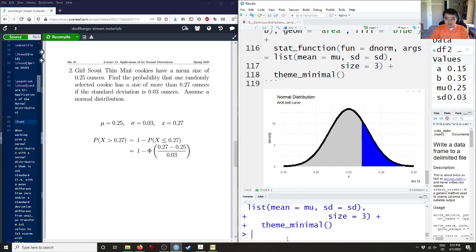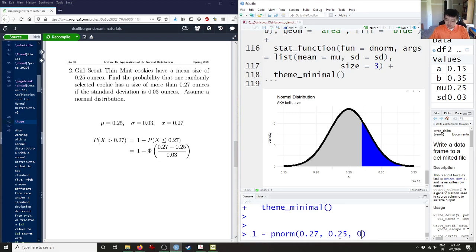So now, with that in mind, the way we type that into R is, again, with the p-norm function, but because we're shading towards the right, we need to incorporate the complement 1 minus somewhere. You'll also notice as I typed out those numbers, I did not have to say mean equals 0.25 or SD equals 0.03.